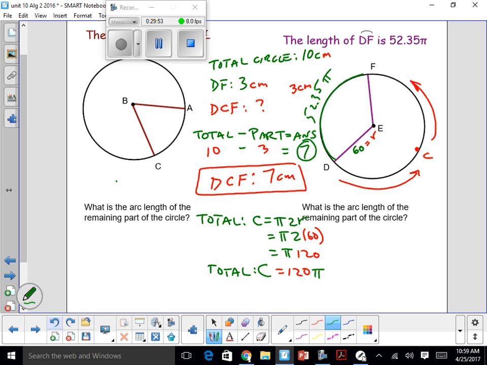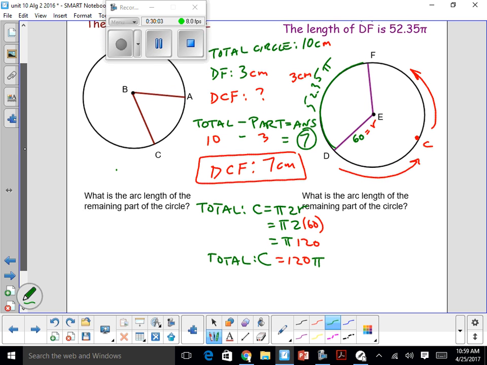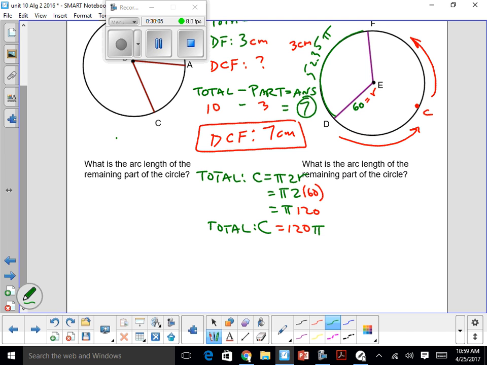Here it comes. Total minus part. Let's write this down. Total minus part. So we leave the pi, right?